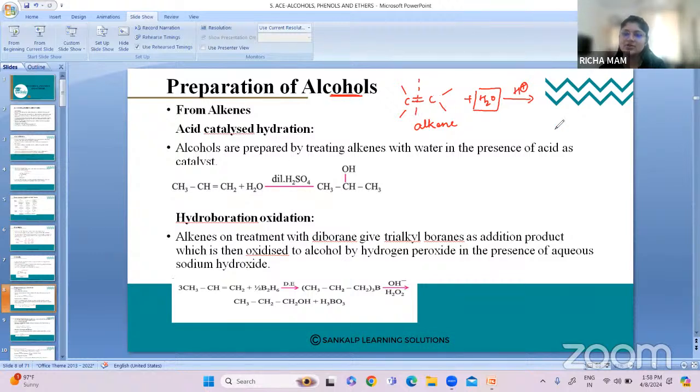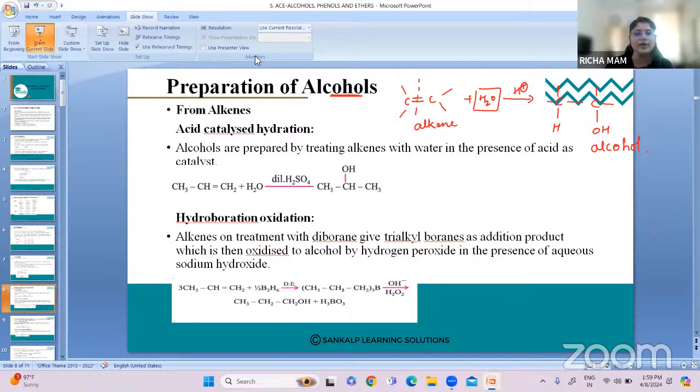On one carbon your hydrogen will add, and on the other carbon your OH will add. So you will yield the alcohol. Is it clear? Yes.